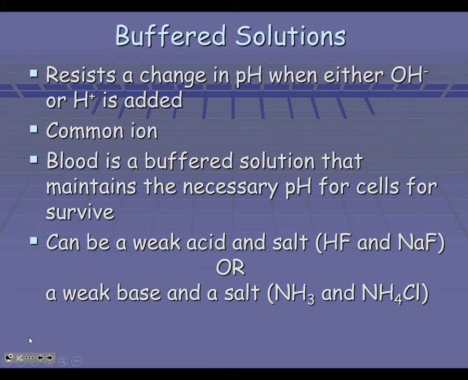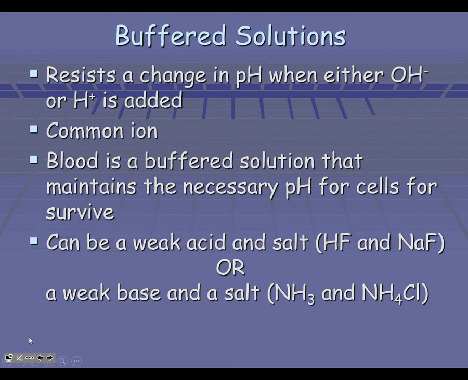Or you can also have a weak base and its salt. Now, the key here is in order to have a buffer, you always have to be able to find your HA and your A minus. So your weak acid and its conjugate base.